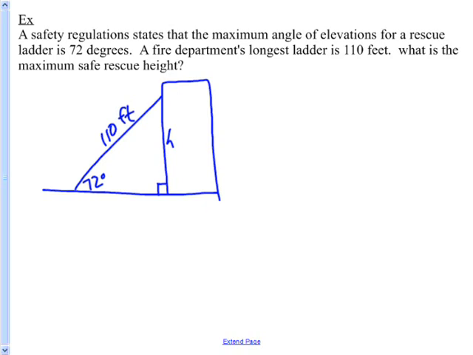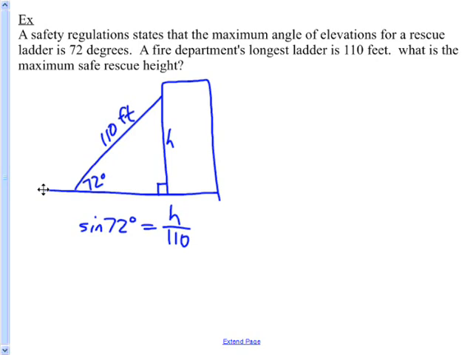Of course, we've made a 90-degree angle with the ground and the building. So for 72 degrees, I want the side opposite, and I have my hypotenuse. Which one is opposite over hypotenuse? That's the old sine. So I use the sine function here. Sine of 72 degrees is opposite over hypotenuse.